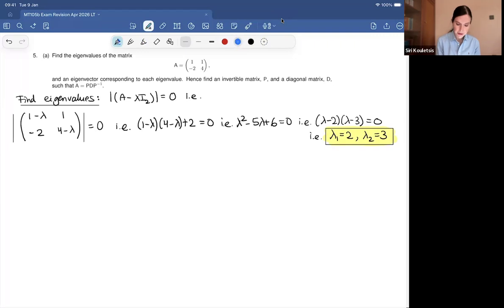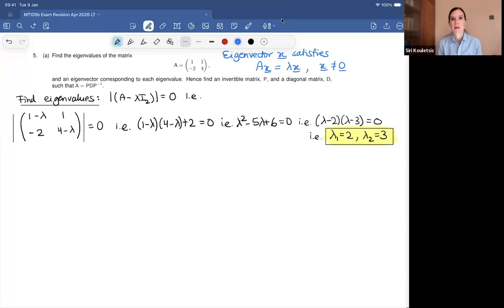Now it's worth refreshing here: what does an eigenvector x satisfy? A times x equals lambda x, where first of all, x is not the zero vector, and lambda here is just some real number.